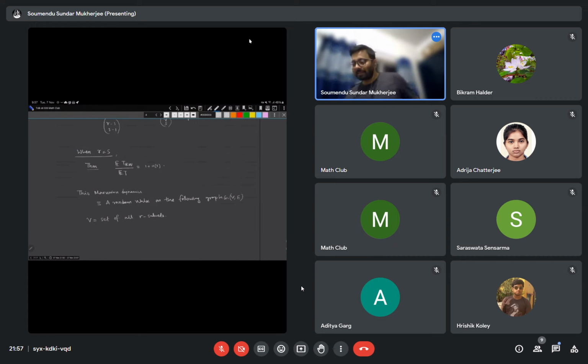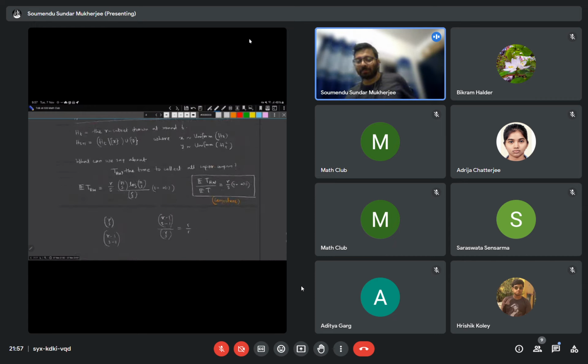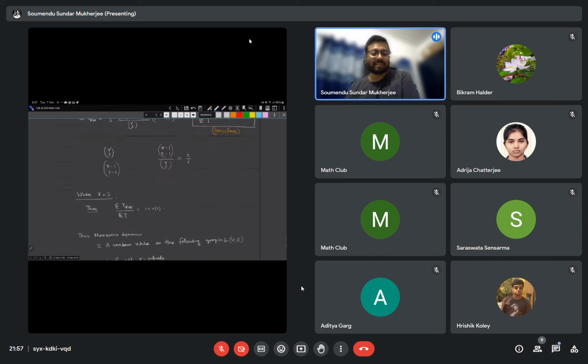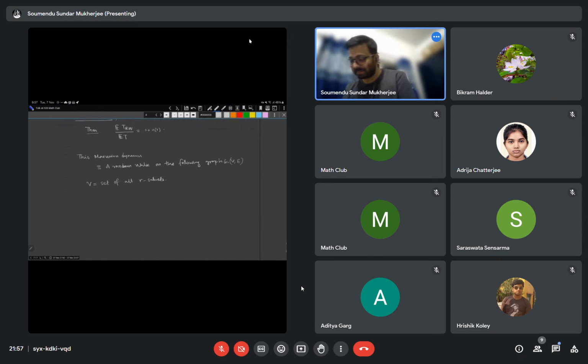And you see what the dynamics is. I am picking one from the R subset and replacing it with something from the outside, right? So you can guess what the edges of this graph would be. An R subset is connected to another R subset if, when are they connected?